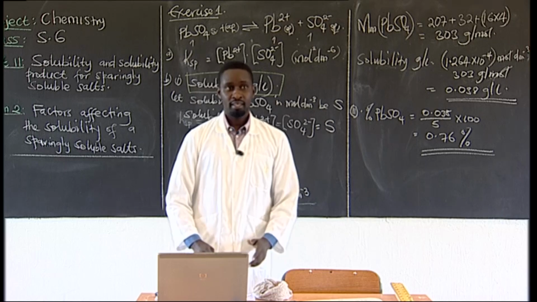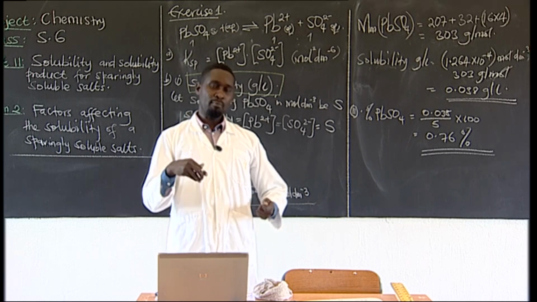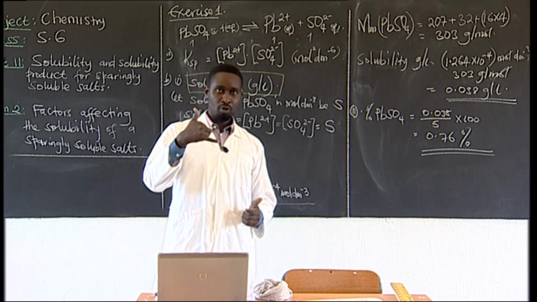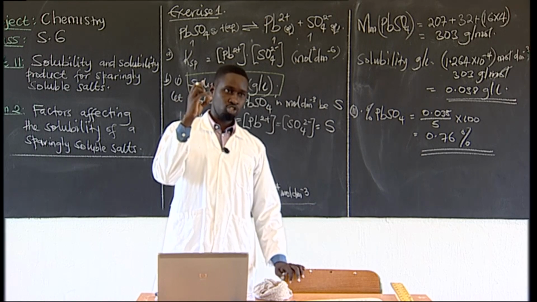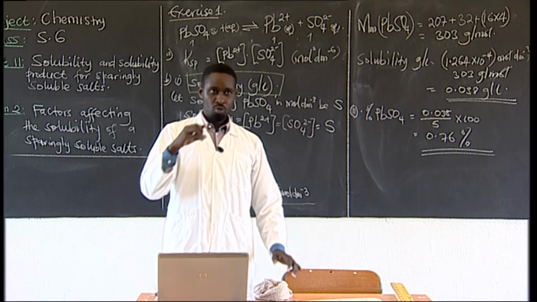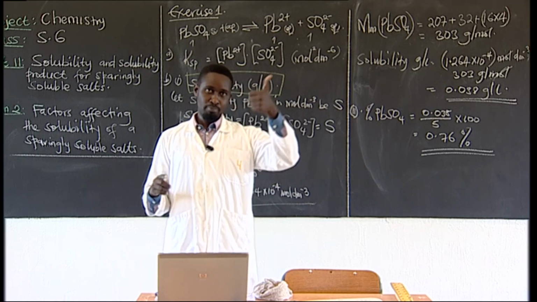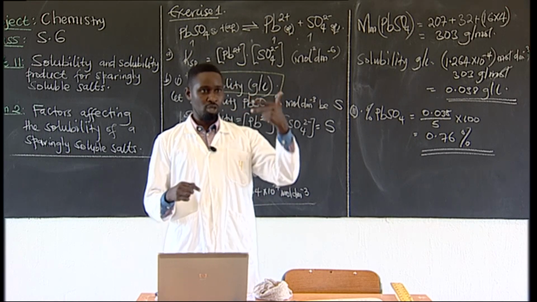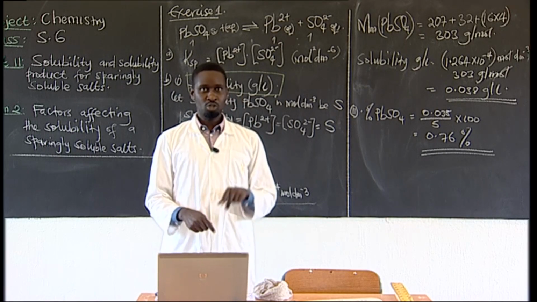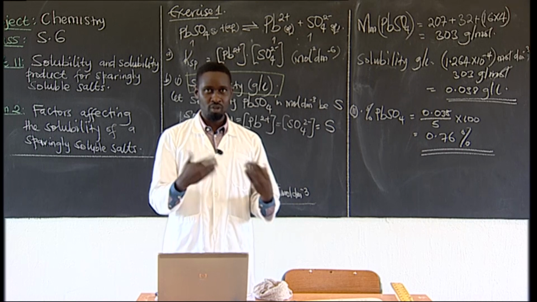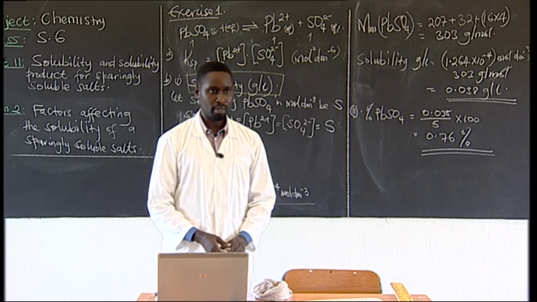Then they added barium chloride. Remember, barium chloride is bringing in barium ions in solution. We're already having barium sulfate, barium and the sulfate ions, but you're adding barium chloride, so you're bringing in the barium ions. So that is what I want you to go read up and find out the answers.